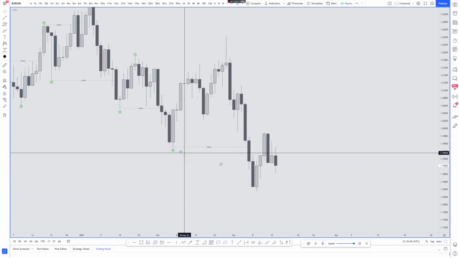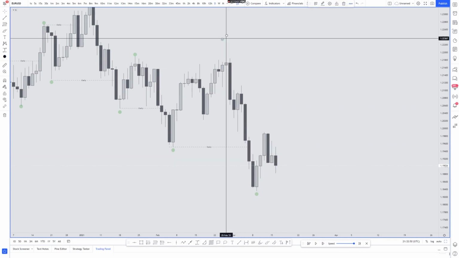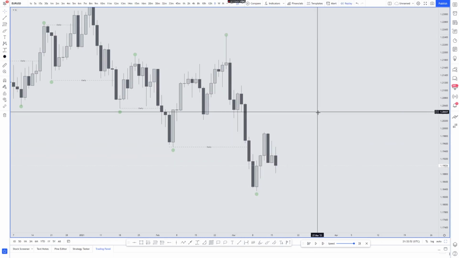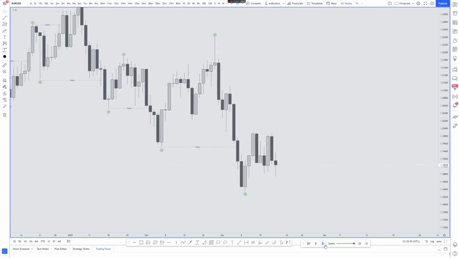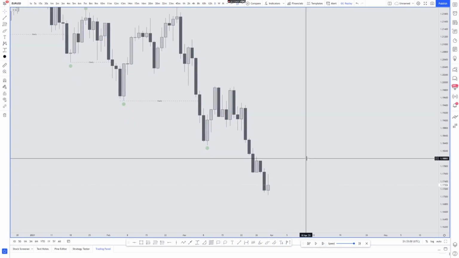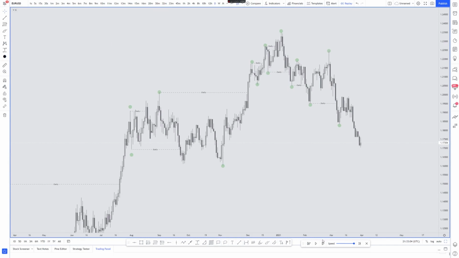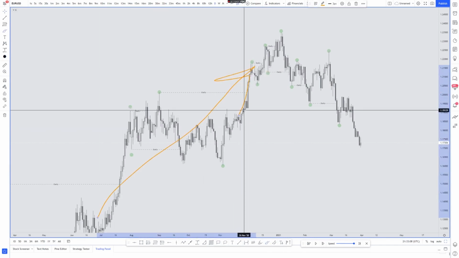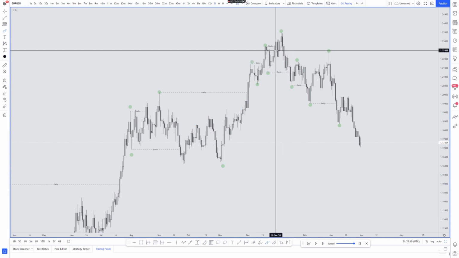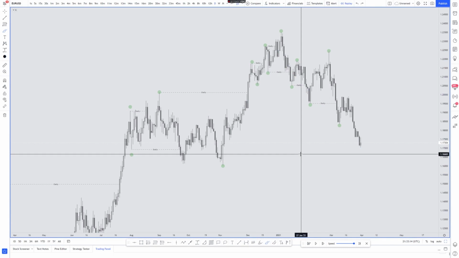So this now becomes structure. This now becomes the high that took out the low. So you can see that we are on an impulse down. We had an impulse up here, and current order flow is bearish as we are continuously making new lows.